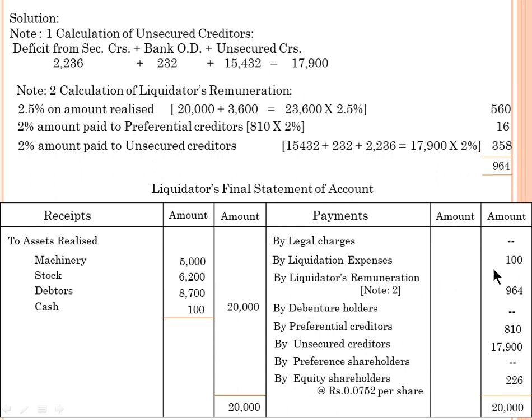So you deduct one by one: 100, minus 964, minus 810, minus 17,900. At the end, 226 rupees. We are going to settle this amount to the equity shareholders. How many equity shares do we have? 3,000. So 226 divided by 3,000, how much? 0.0752 per share we are going to settle.